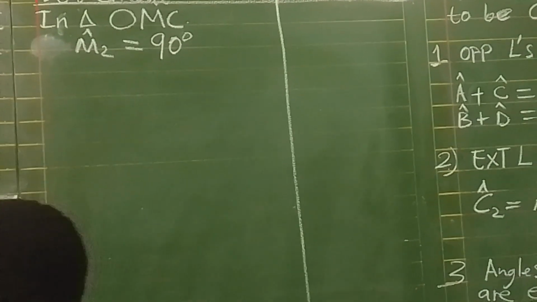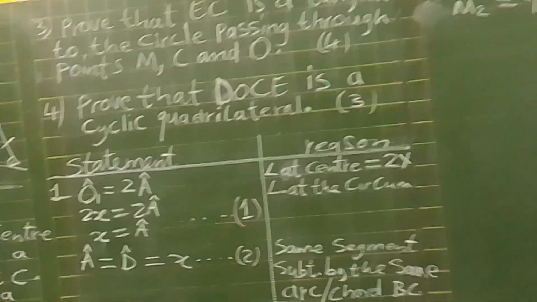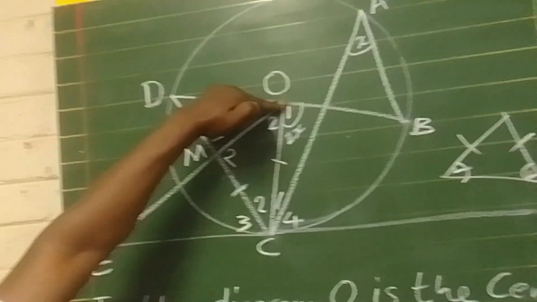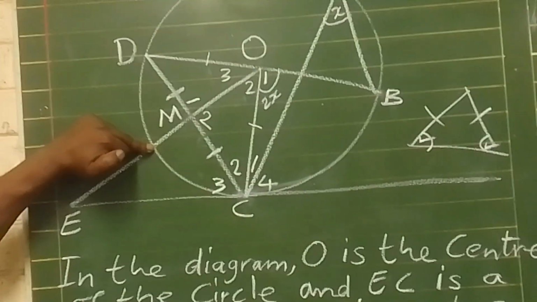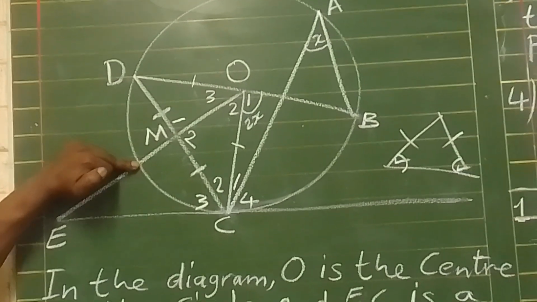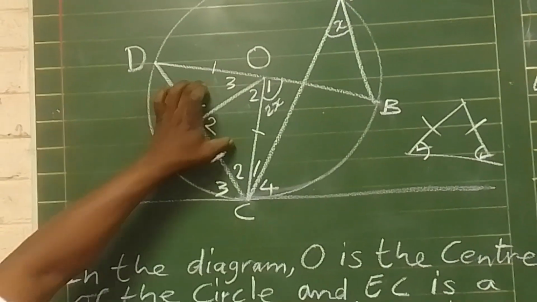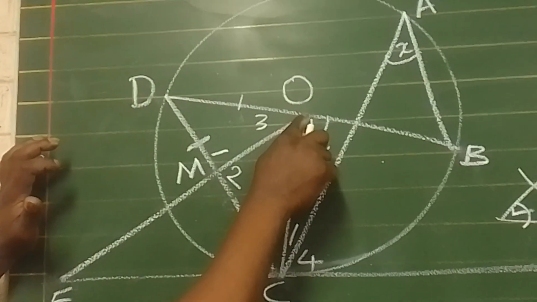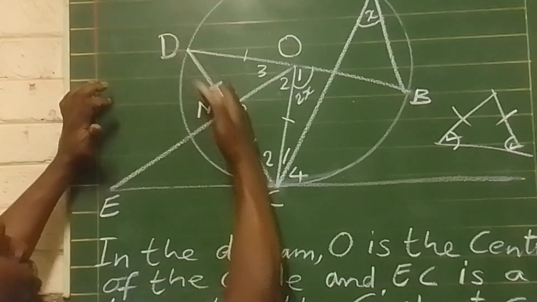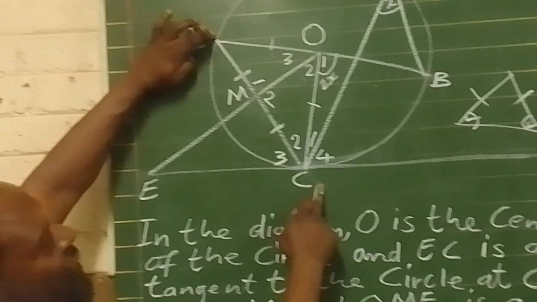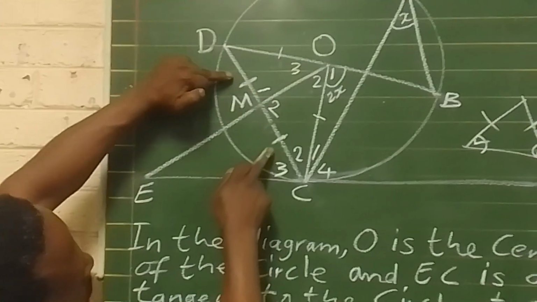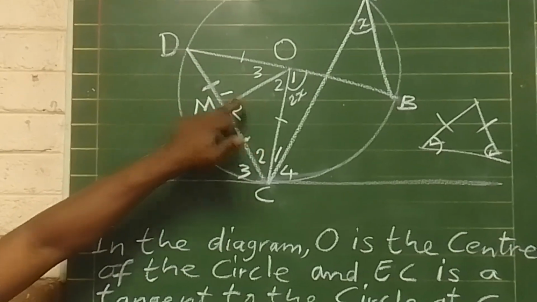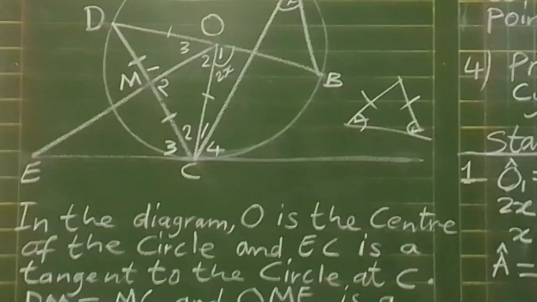Can you give me that reason? See, this is a radius coming from the center to the circumference. This is the converse of Theorem 1. Theorem 1 said a line from the center through the chord bisects it. Once it bisects, it means what? Say 90 degrees.